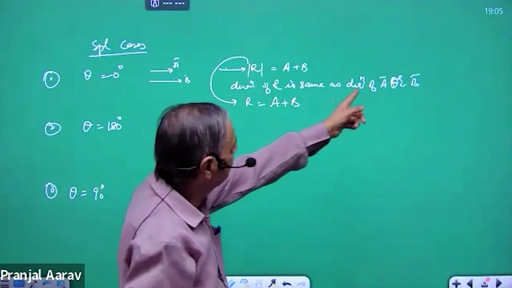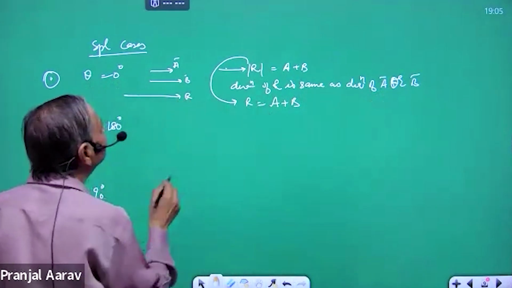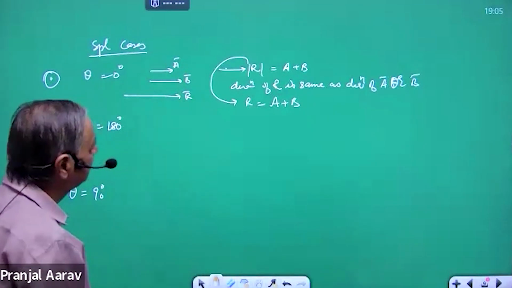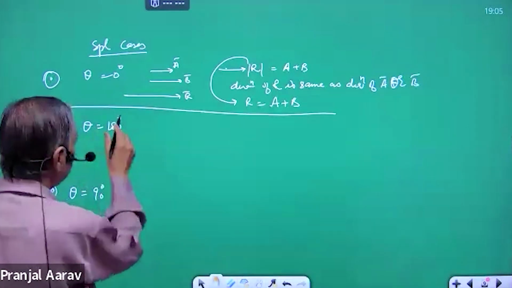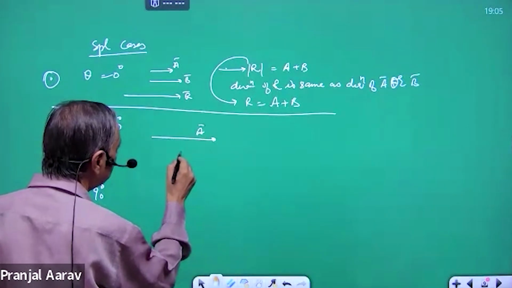Direction of R is same as that of A and B. That means R is this. Theta is 180 degree. A is this.